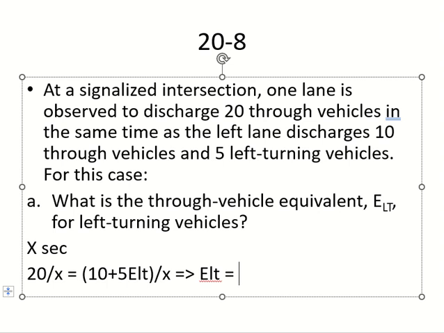So just doing 20 equals 10 plus 5 ELT. What is ELT? Two. Okay, so this is how you can calculate the factor for left turning.